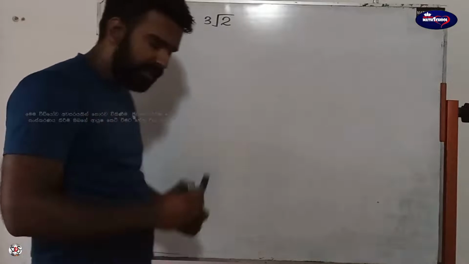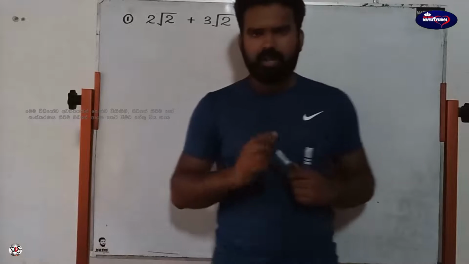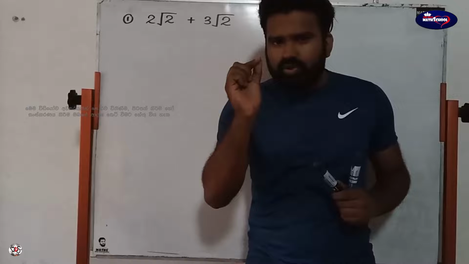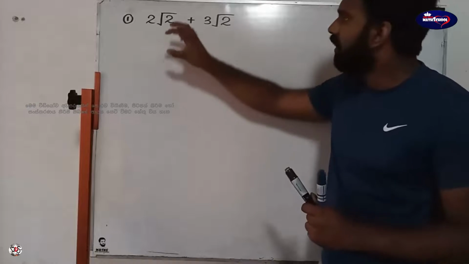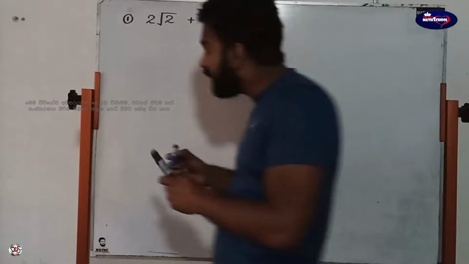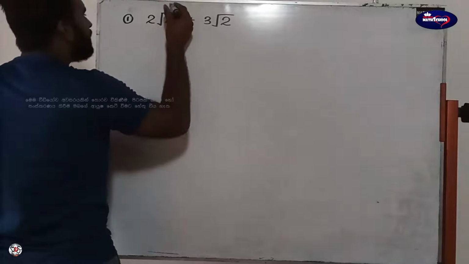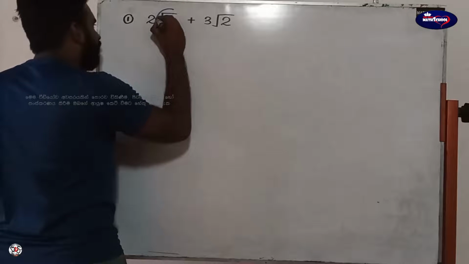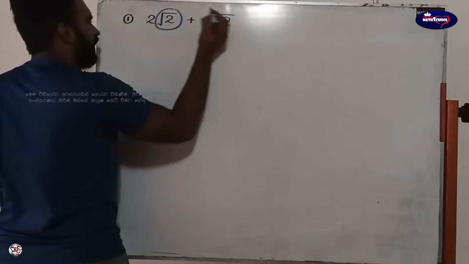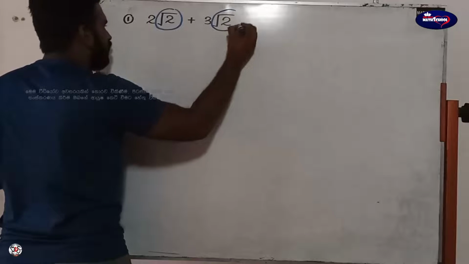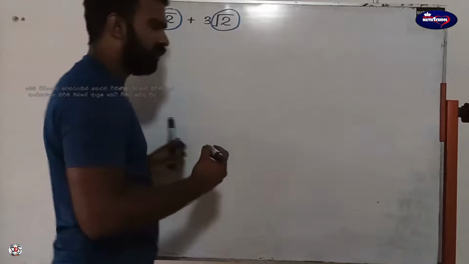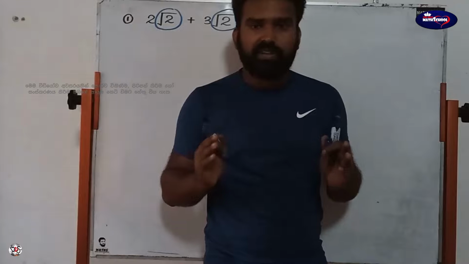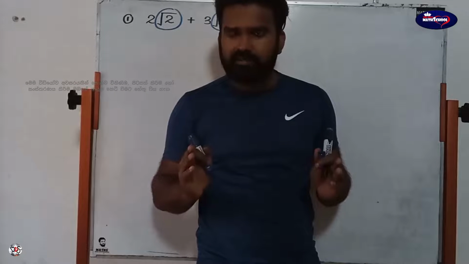If you have something like this, the thing that you should know is, you really don't know the value of this surd. You don't know how much this square root of 2 is. That's why we call them surds, irrational numbers.